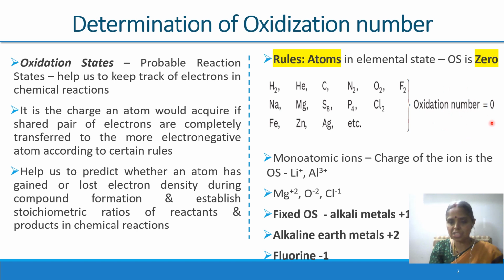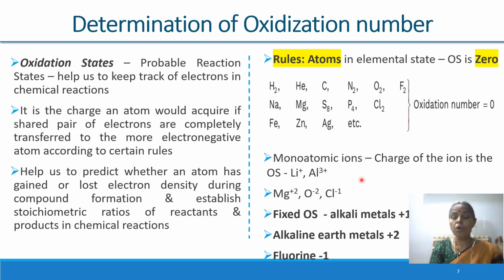Oxidation number is 0 if it is in its elemental state. You can see P4, F2, S8, N2, any element, if it is in its uncombined state, meaning the element did not form a compound, then its oxidation number is taken as 0.